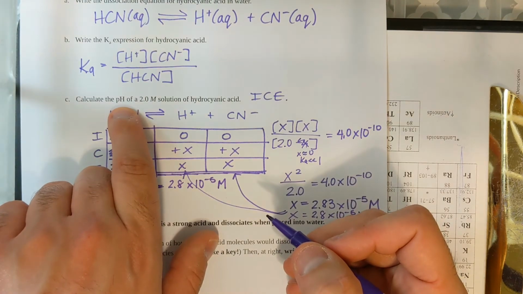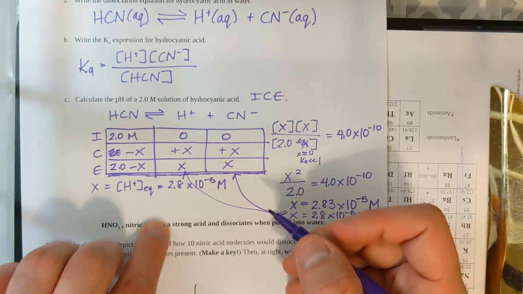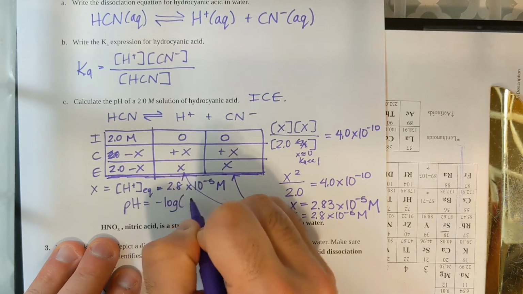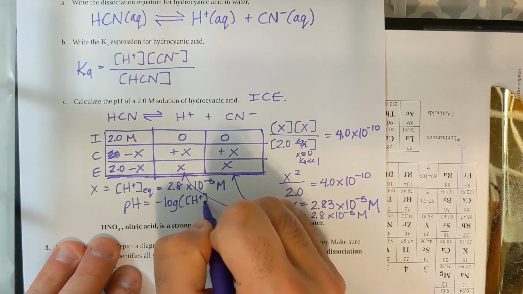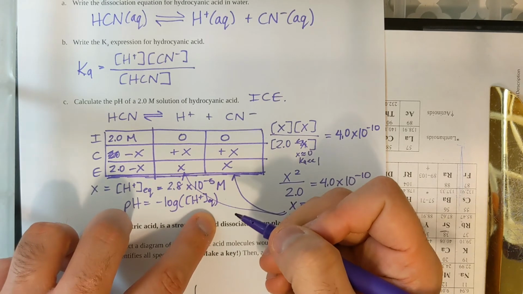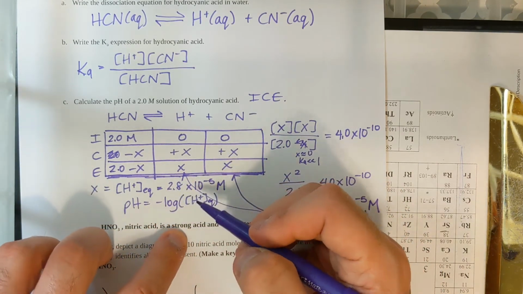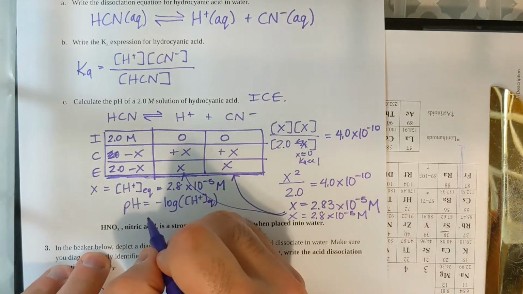Now, if I want pH, I just have to take the negative log of that. pH is equal to the negative log of the concentration of H plus at equilibrium. I added in the at equilibrium because that's for weak acids, but in general this is how I get the pH: I take the negative log of H plus.